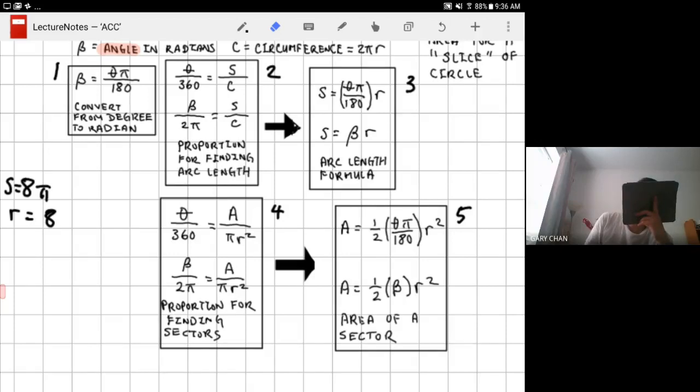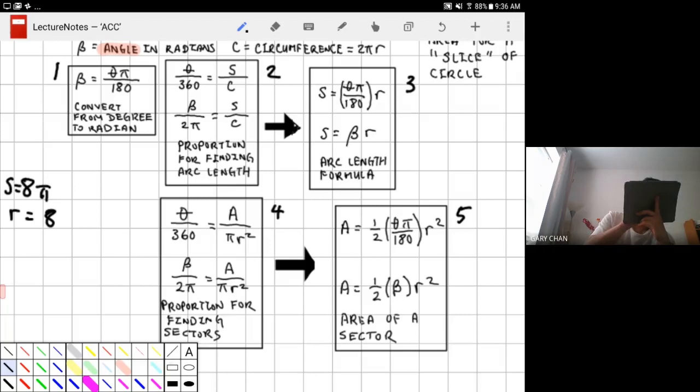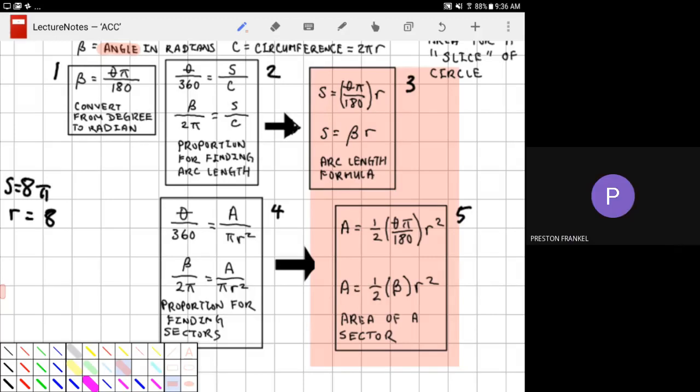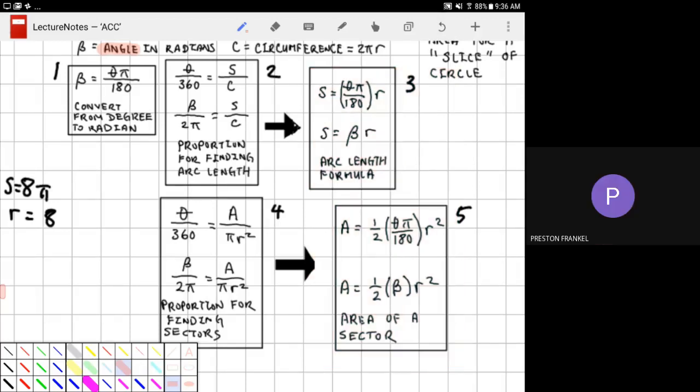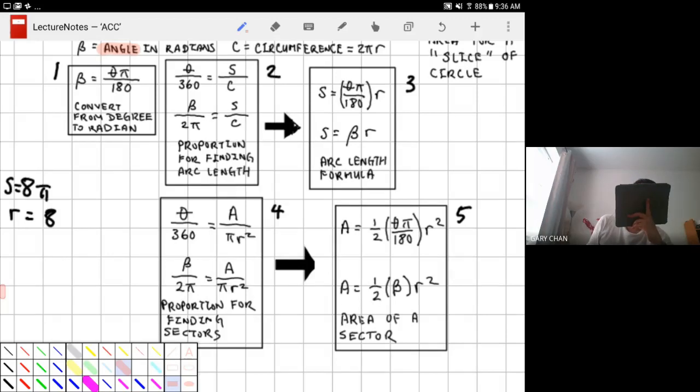So that narrows things down to just these two boxes, because one box is working with arc length and the other is working with sector. Which one are we going to be using? Arc length. Okay, so we're going to be using this.